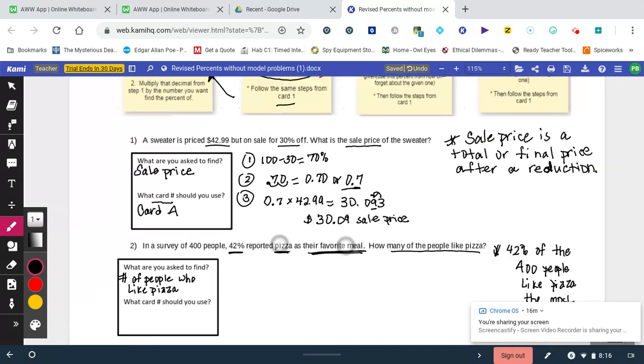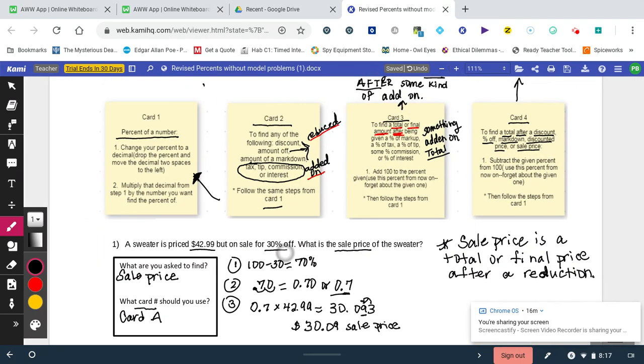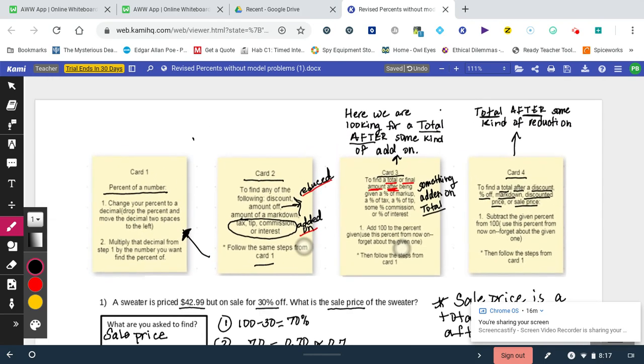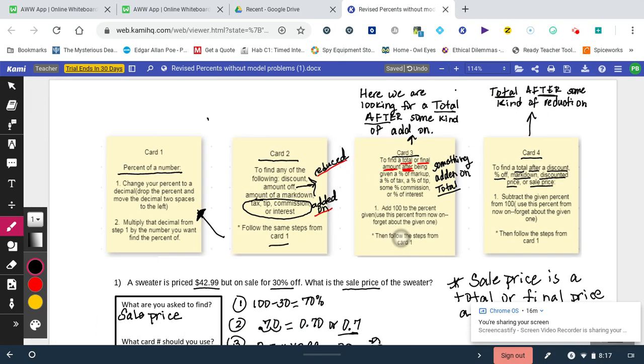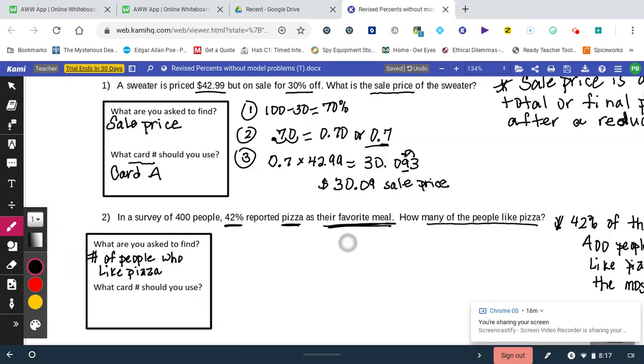Okay, so you go up here, and I'm going to start backwards on this one. I'm going to start on card 4. Are you looking for some total after some kind of reduction? Well, did 42% like pizza the most or less than 42%? Okay, did it need to be reduced at some point?